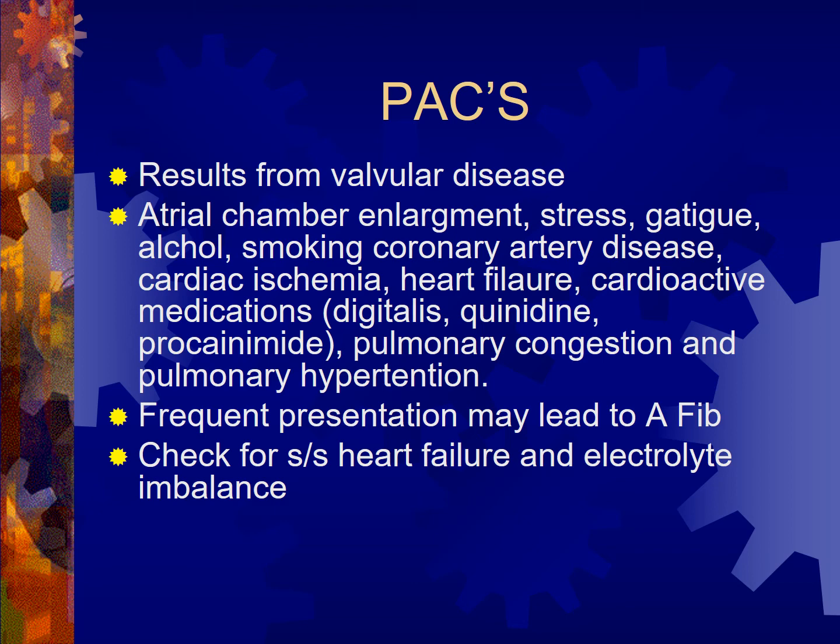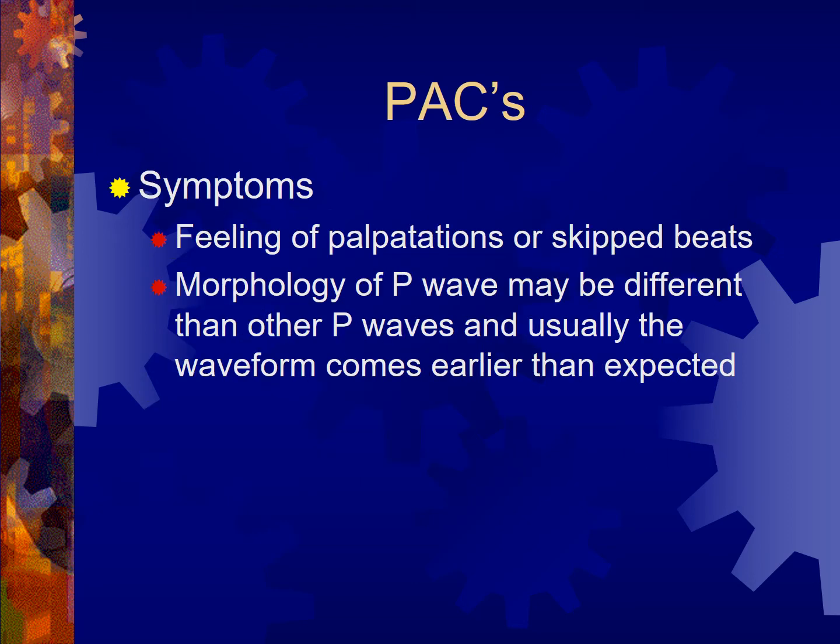I'm going to let you read the rest of this, because here's what happens with PACs. Usually if you let the PACs go, they'll end up causing atrial tach, atrial fib, atrial flutter. And again, electrolyte imbalance occurs with this because of the shifting.